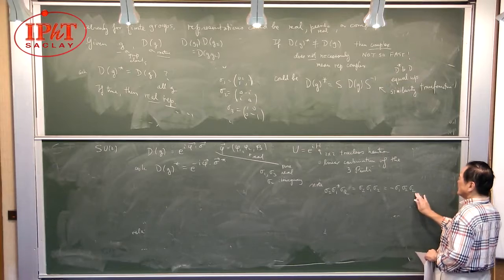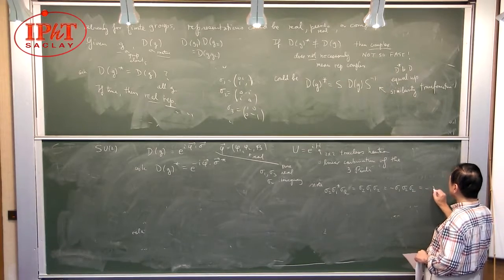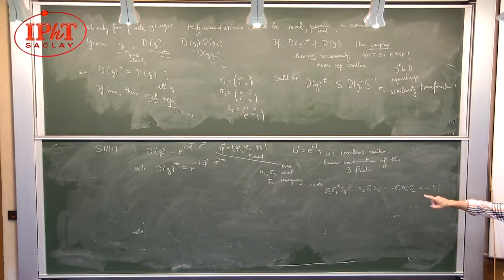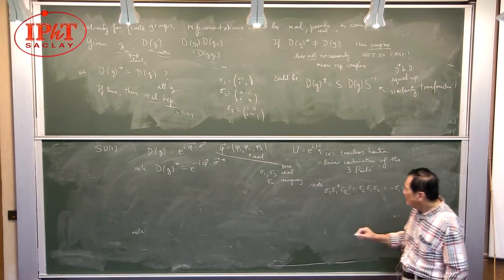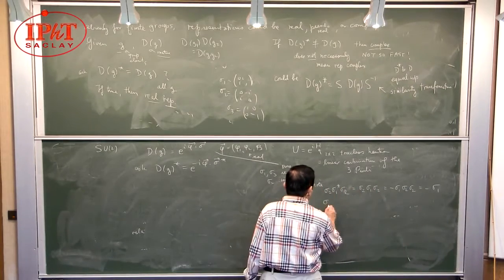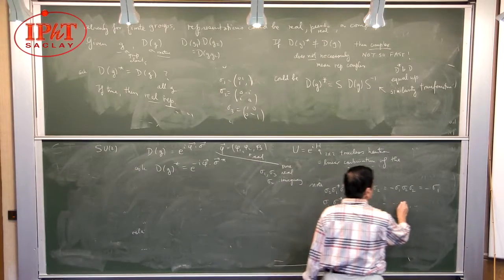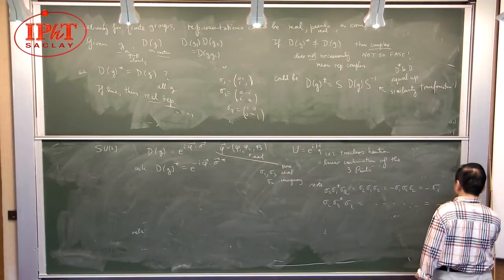So this gives minus sigma 1 sigma 2 sigma 2, which is equal to minus sigma 1. So sigma 2 sigma 1 star sigma 2 is minus sigma 1. And similarly, sigma 2 sigma 3 star sigma 2 is minus sigma 3.